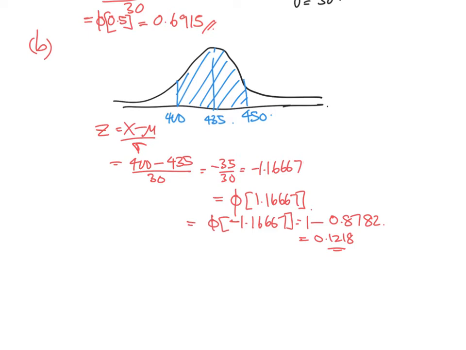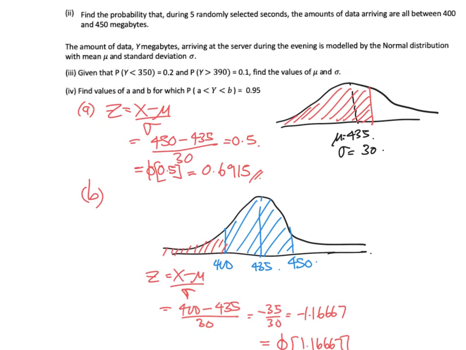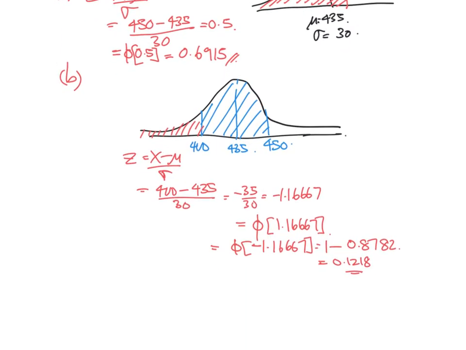So this is the probability from 400 onwards, this region, which is 0.1218. Now for 450, I'll label this as the green region, 0.6915, which we got earlier.